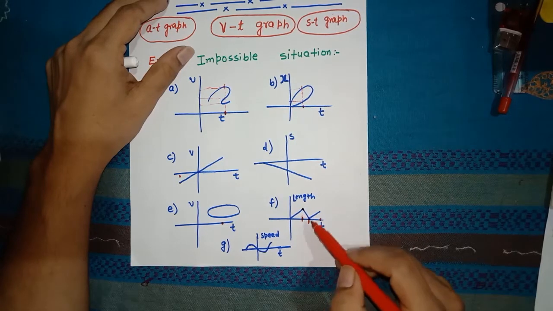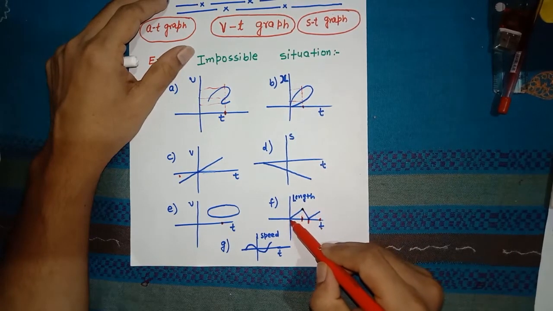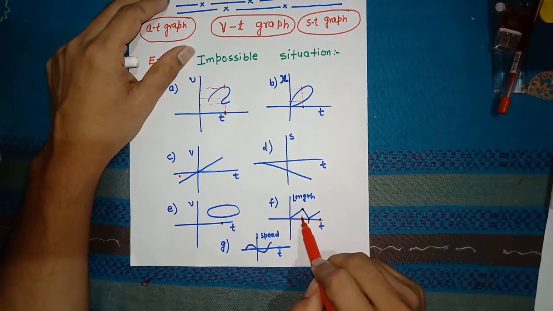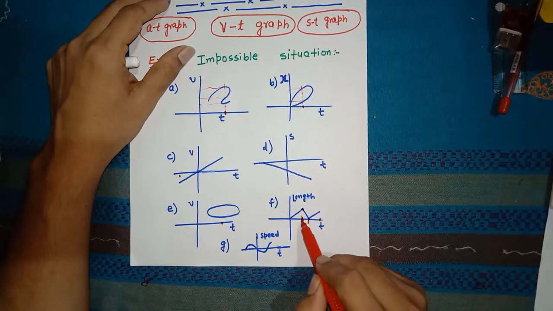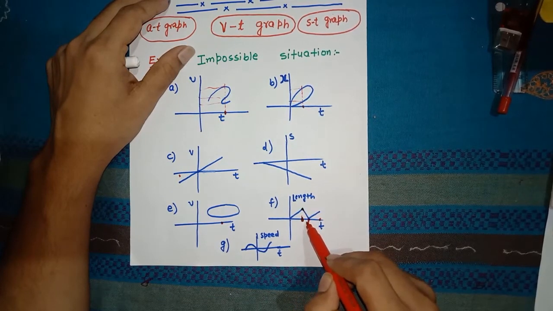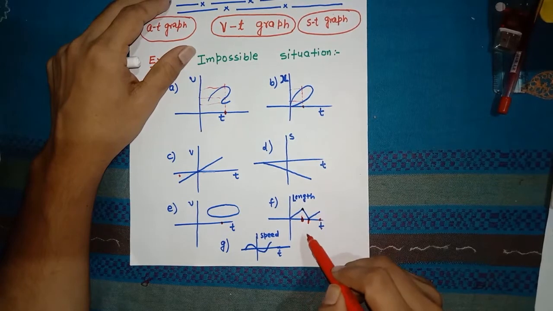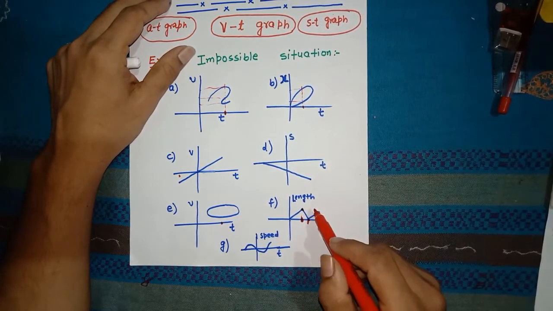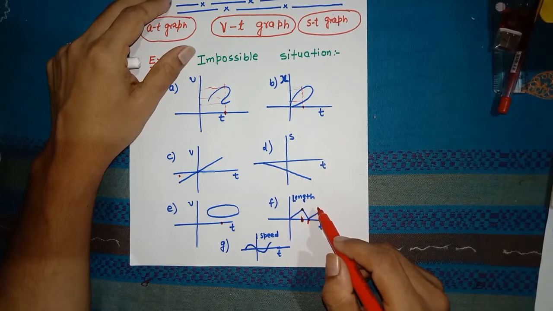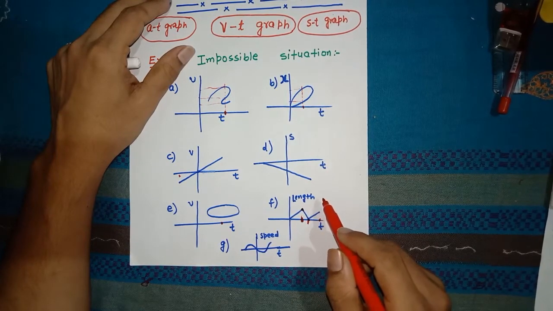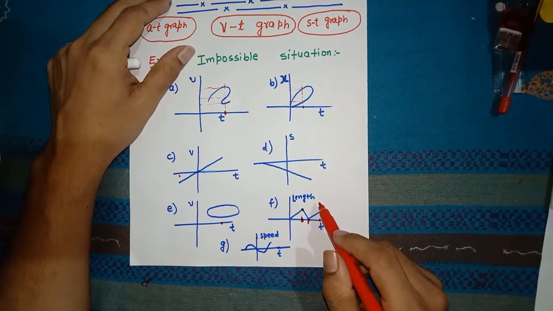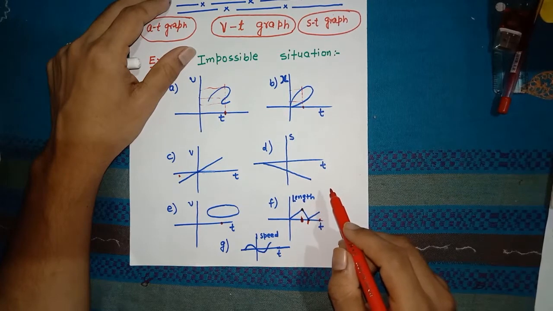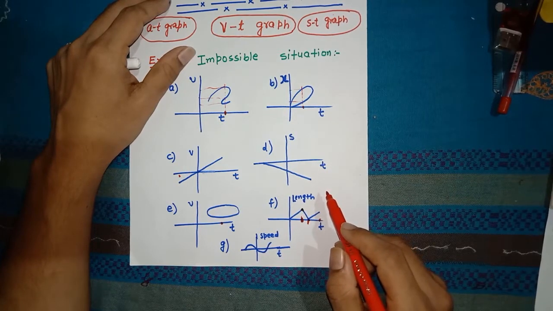So first length increases from start to that point, and then during this interval length decreases, and after that increases. I never think that length should decrease if a body is in motion, because length is a scalar quantity and length is never negative. Its minimum value must be 0, but after that it must increase.